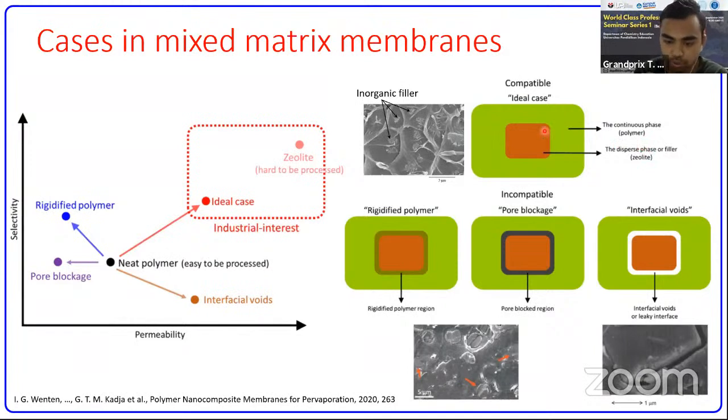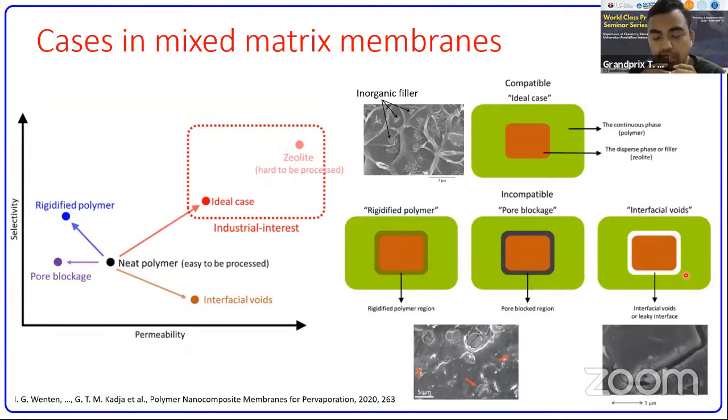There is no empty space between the surface of the zeolite or the inorganic filler and the continuous phase of polymers. This is the ideal case.